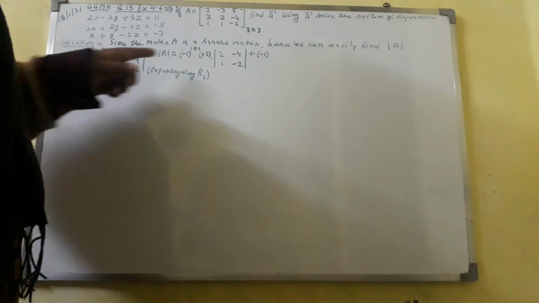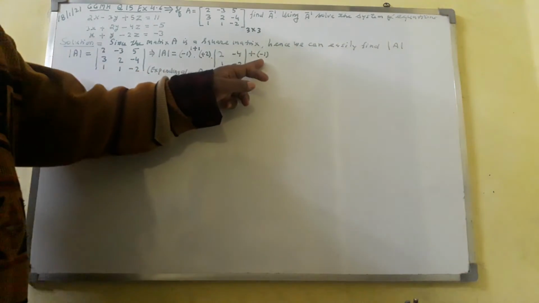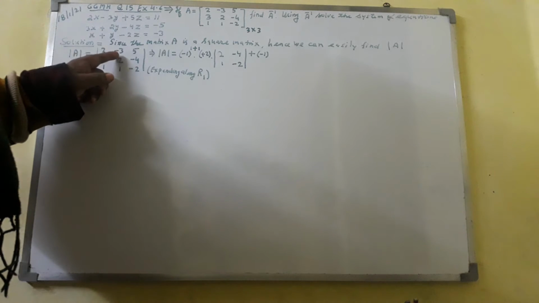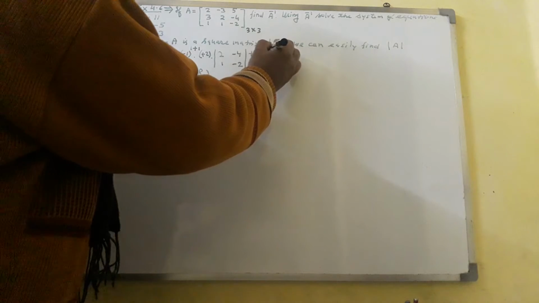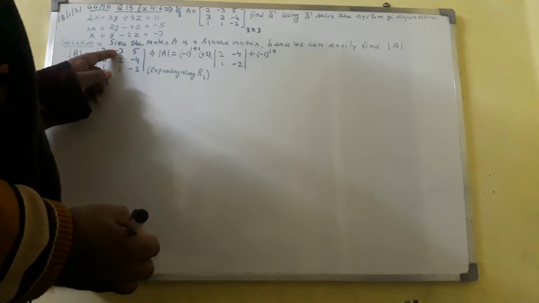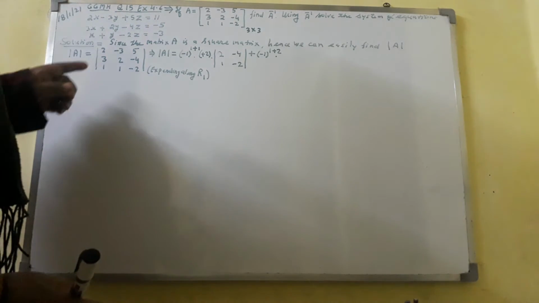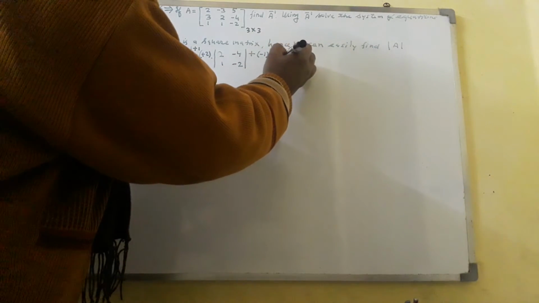Minus 1 here is a constant, fixed here. Think about the minus 3 element. Minus 3 is there in first row, so I shall write 1 plus, and minus 3 is there in second column, so I shall write 2, dot, and minus 3 will be written here.